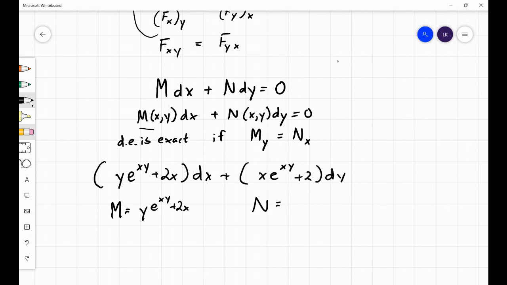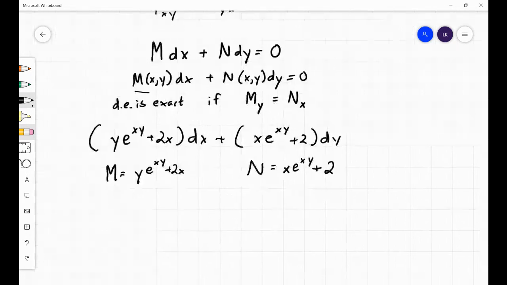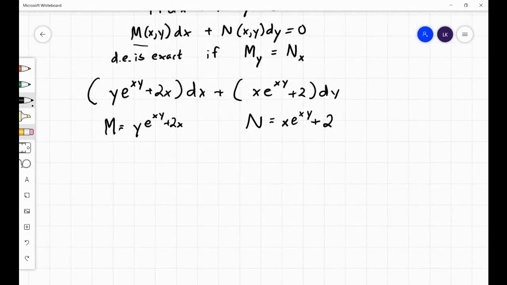This is n. It's the function that multiplies the differential dy. Okay, we're going to check whether it's exact or not. So we're going to check whether the partial derivative of m with respect to y is the same as the partial derivative of n with respect to x.